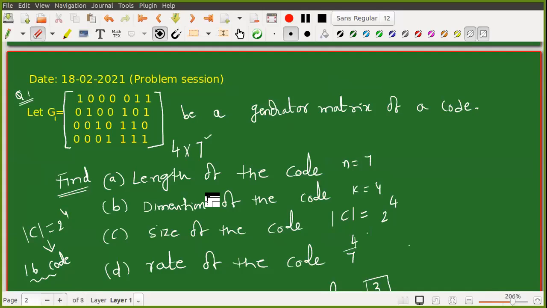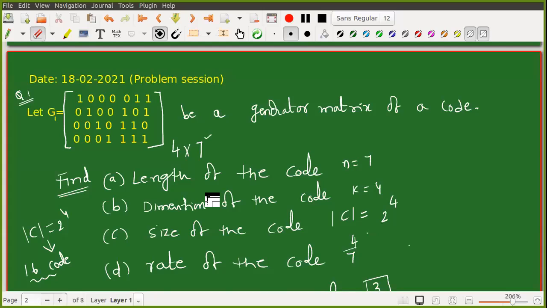So now a question to all of you. Are there any code words of weight 5, 6 and 7? Do not answer about the 7 part yet, think about 5 and 6. Shruti, you have a complete answer for 5, 6, 7?